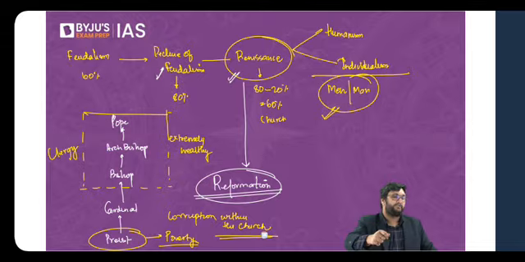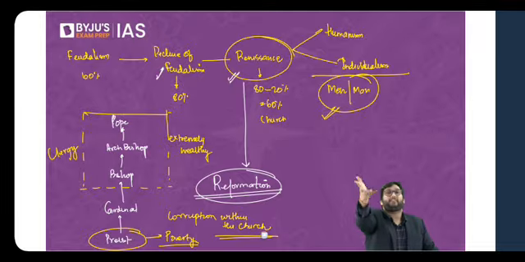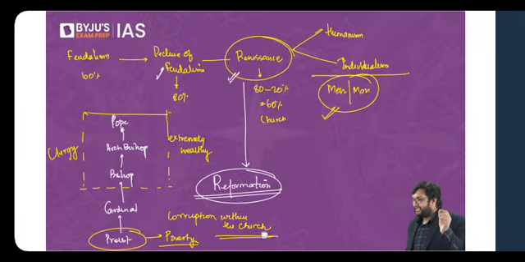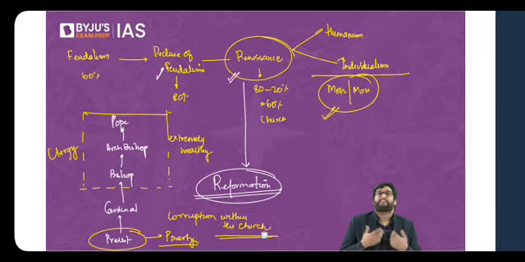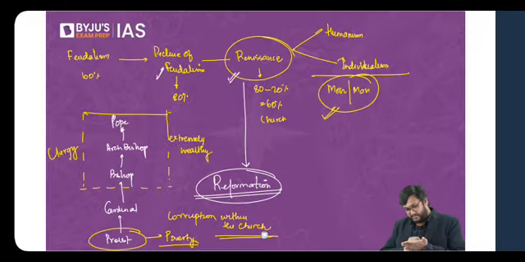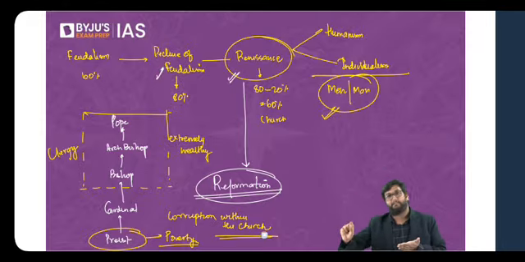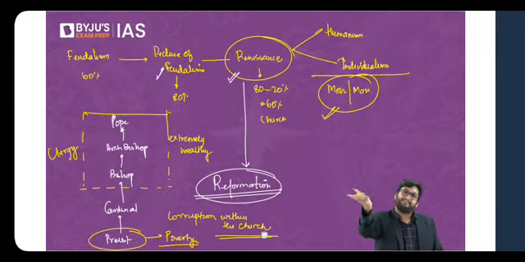For 10,000 francs, I will give you a certificate that God himself has forgiven you. This is called sale of indulgence. Very simply, if I sin, I go to the church, they take some money, they write a certificate and say, all is fine, go, sin again, kill 3 more people, come back, we will give you another certificate.